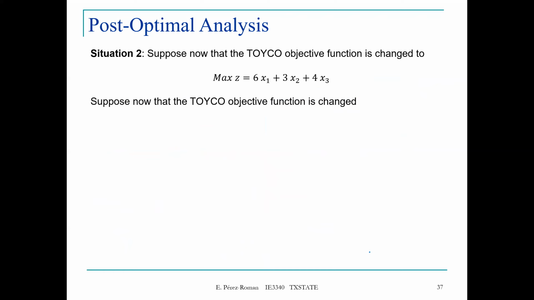Suppose that the Toyco objective function is now changed to the following: 6x1 plus 3x2 plus 4x3. So the question is, will the optimum solution change?